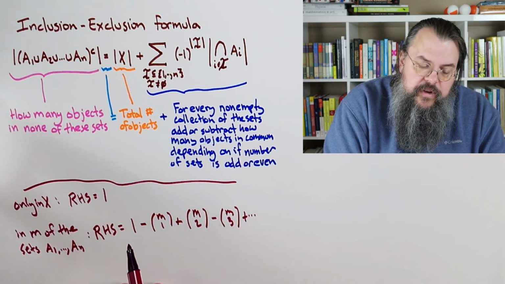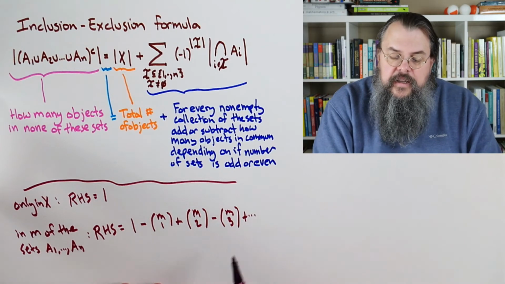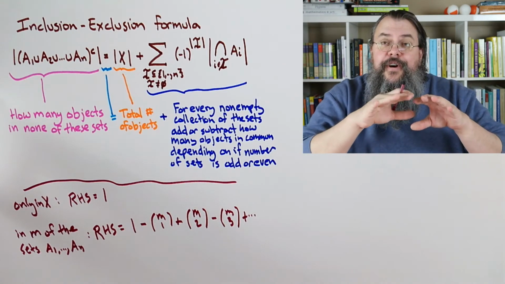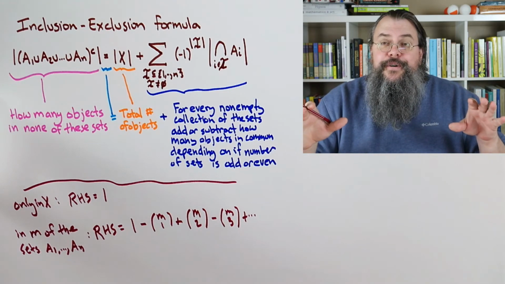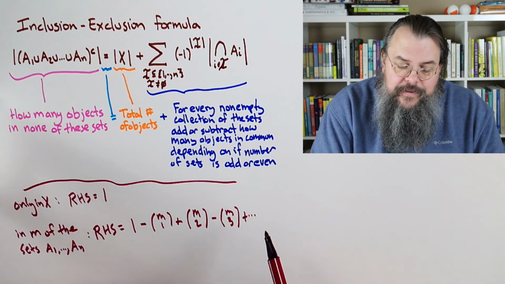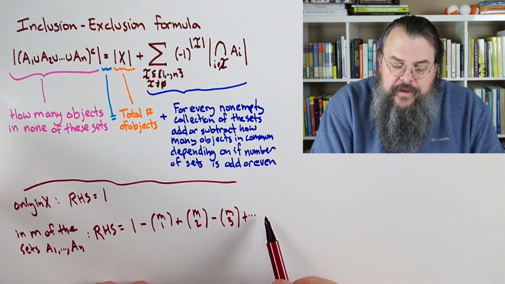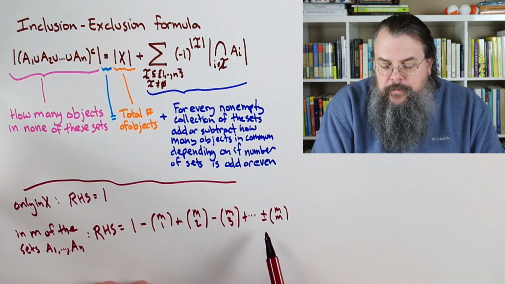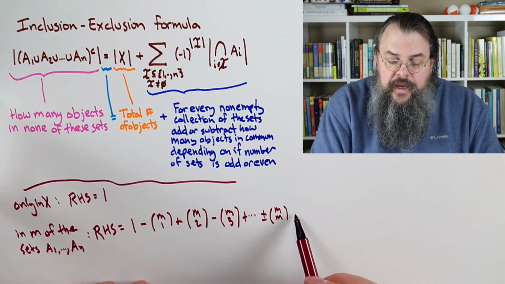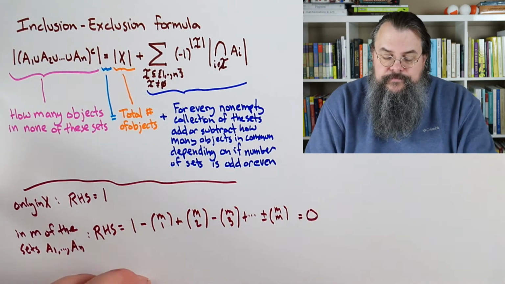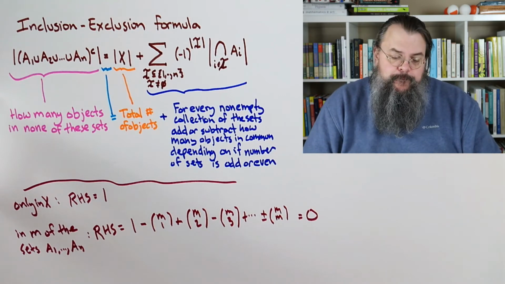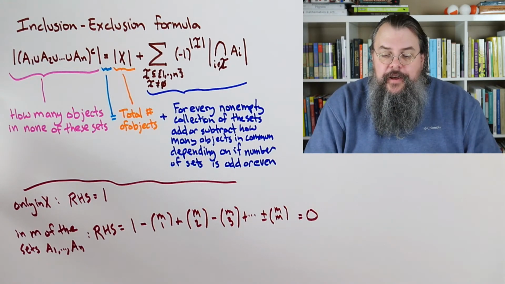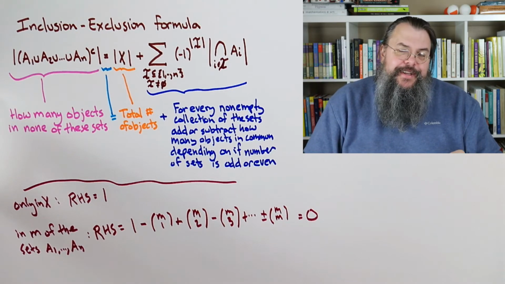So on the right-hand side, in the counting, it all becomes an alternating sum of binomial coefficients. Our final count, all the way up to the last term, whether it's plus or minus depending on parity, is 0. So that's the idea. That's the philosophy.